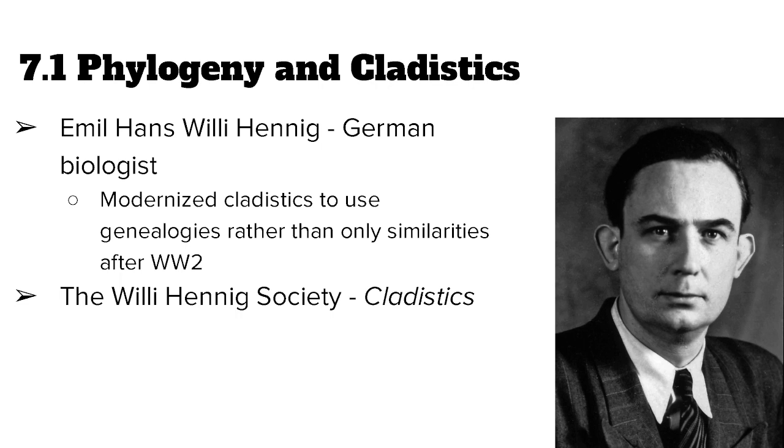It was an idea that he had more than anything else, but that idea gets picked up again in the 90s. But something that's still around today is the Willi Hennig Society. You don't have to know this, but I wrote it down so that I would remember it when I was talking about it. It is a society much like the Linnaean Society that we've talked about with Darwin and Wallace. They are more focused on cladistics, though.